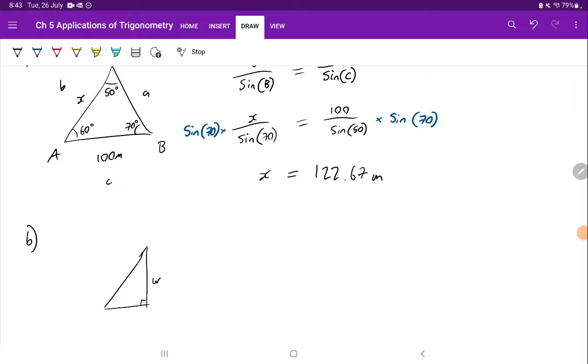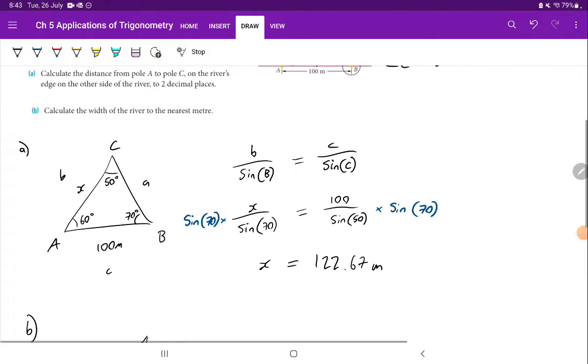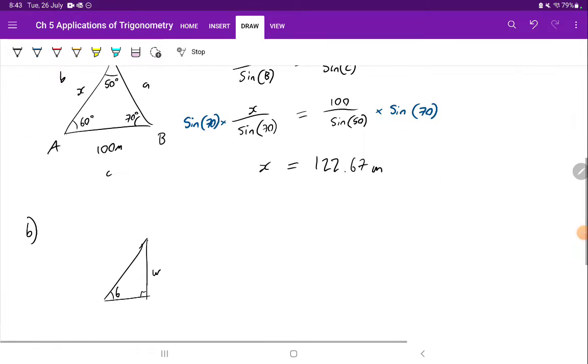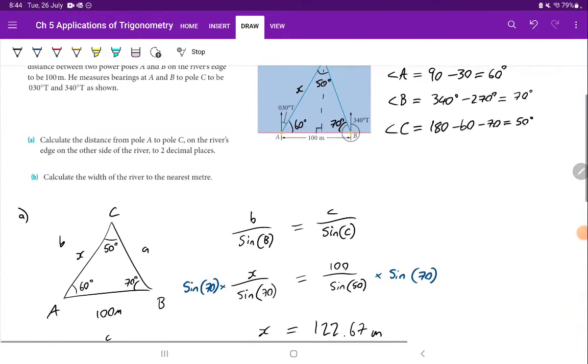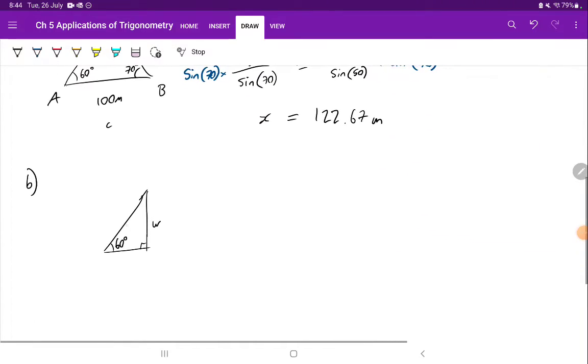We just worked out that, actually we know this angle, because that's the same angle we've already worked out, which is 60 degrees. We don't know this length. We, in fact, don't know this angle, but we could work it out if we wanted to. We do know this length, this is X, so this is 122.67 meters.